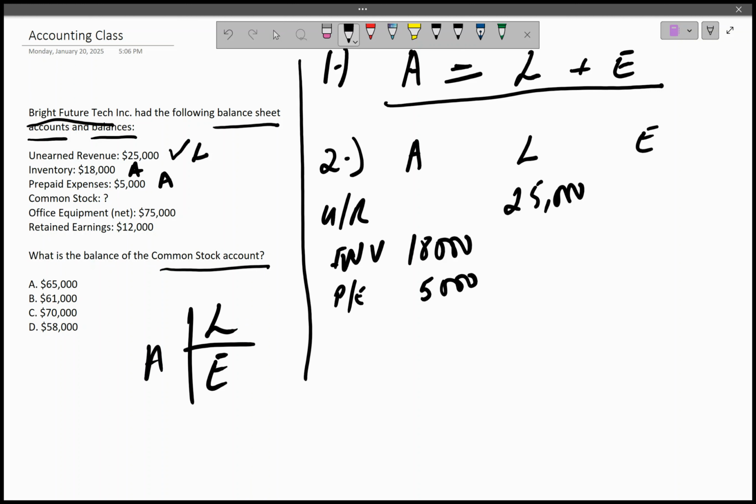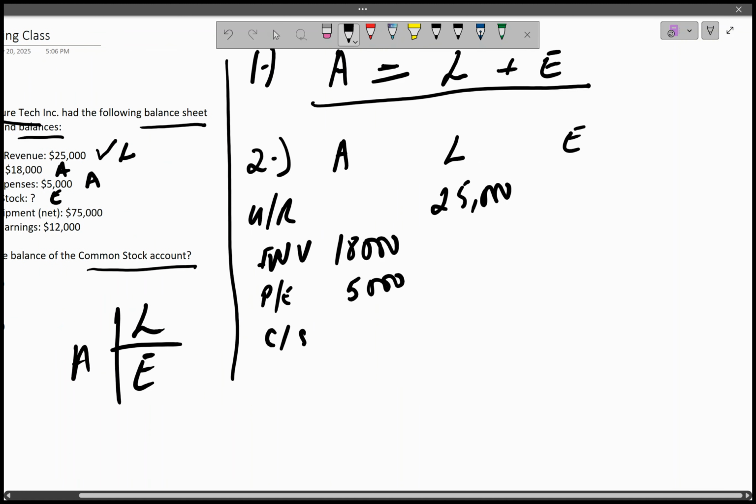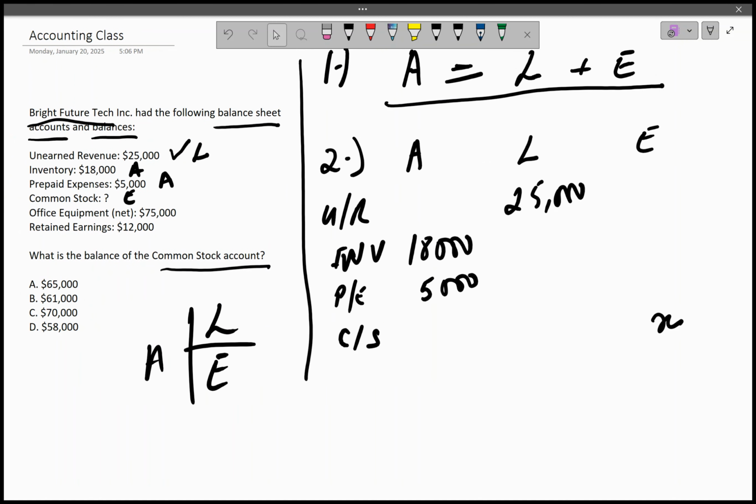Common stock is an equity account. Since we are asked to determine its balance, we call it X. We don't know it. Office equipment is an asset, 75,000.